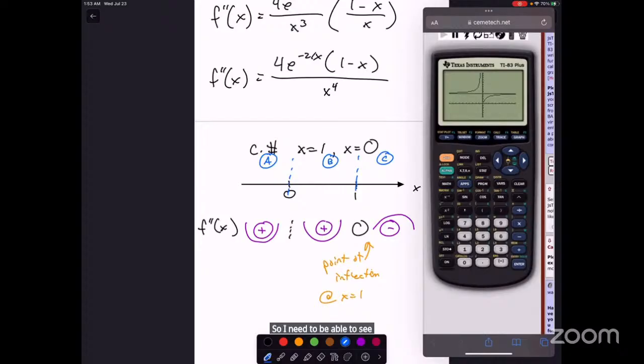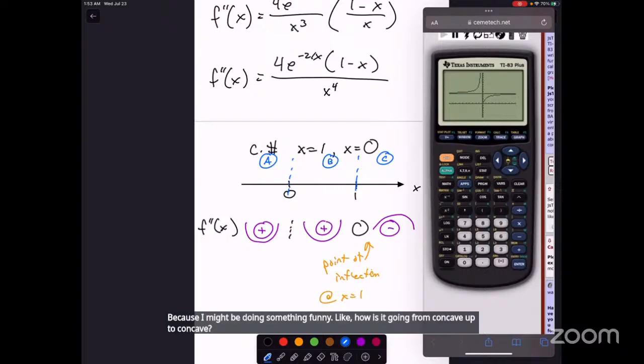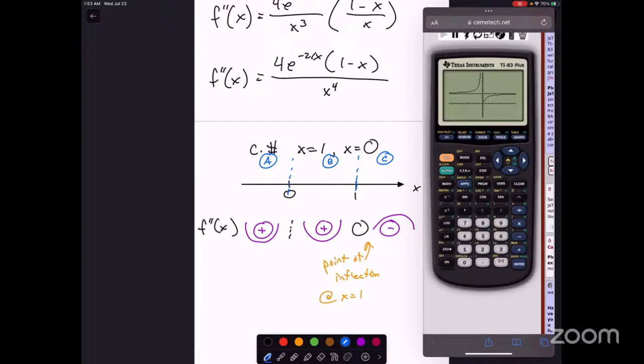So I need to be able to see, like when x is a half, I need to zoom in, because it might be doing something funny. How is it going from concave up to concave down? I need to zoom in.